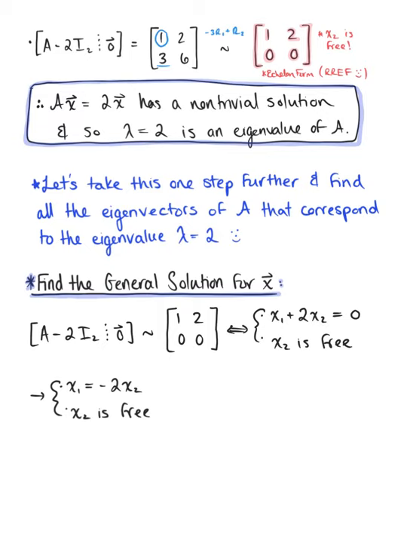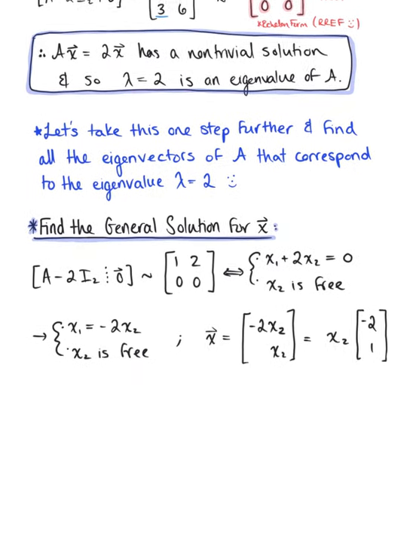So let's write this solution vector x. Vector x is defined as this vector in R2, where x sub 1 is equal to negative 2 times x sub 2, and x sub 2 is free, so it is just itself. We have that common scalar multiple x sub 2 that we can pull out to the front. So that's x sub 2 multiplied by the vector negative 2, 1.